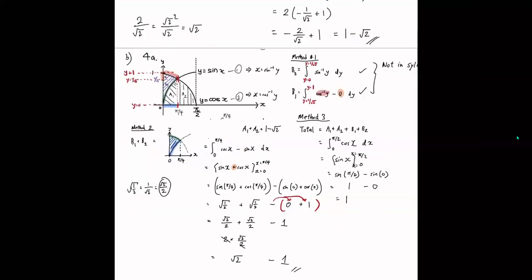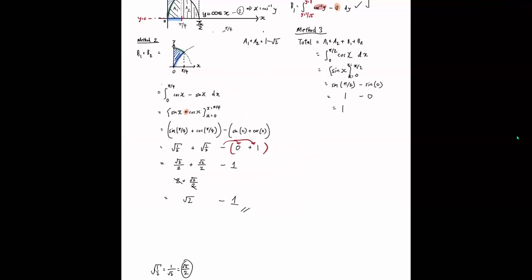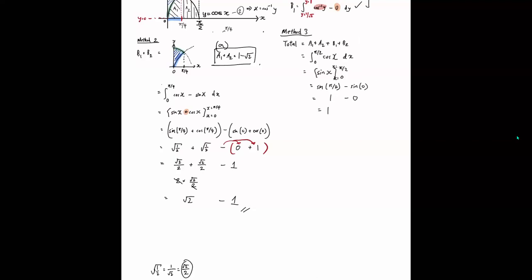Let me move my working around, make it neater. This guy, I'll shift it a bit more to the left. This guy is just a recall of part A's answer. Method 3 is this one. Yeah, you just have to subtract, exactly, that's it. So finally, B1 plus B2 is actually the total, A1 plus A2 plus B1 plus B2, but I want to get rid of A1 and A2.